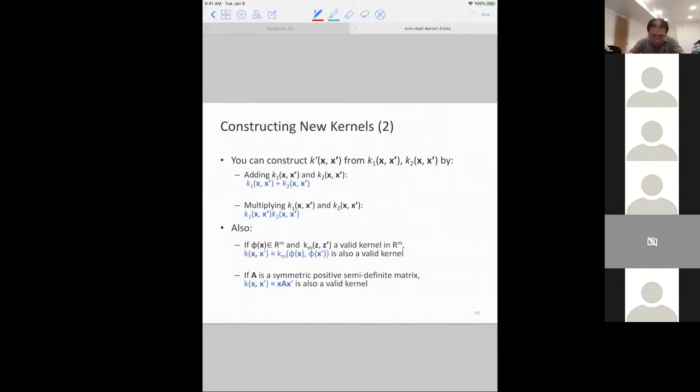If you have a feature mapping, you plug it in as the input for another kernel to construct a new kernel. If you have a symmetric positive semi-definite matrix A, then X transpose A X prime is also a valid kernel.